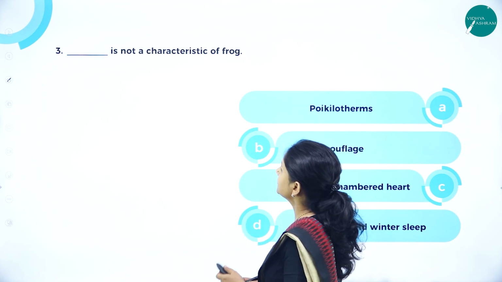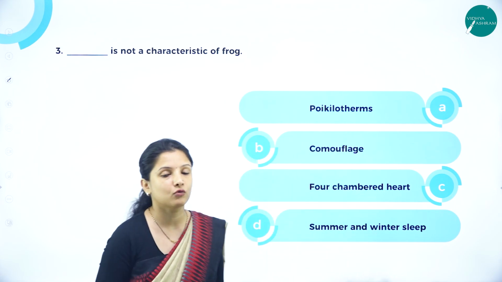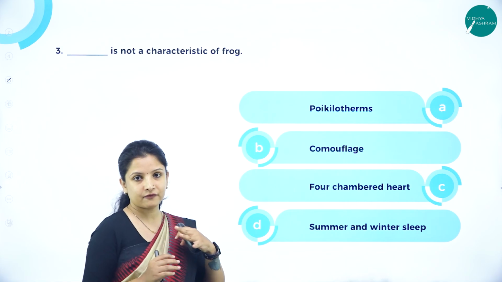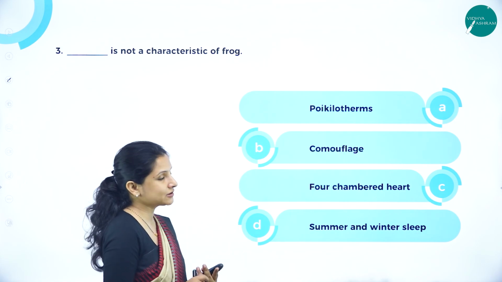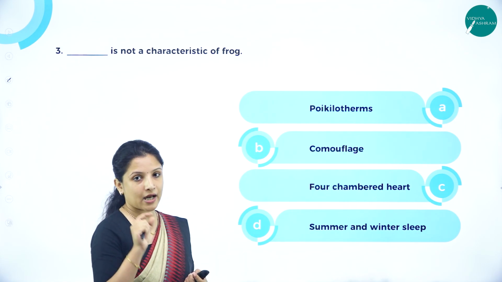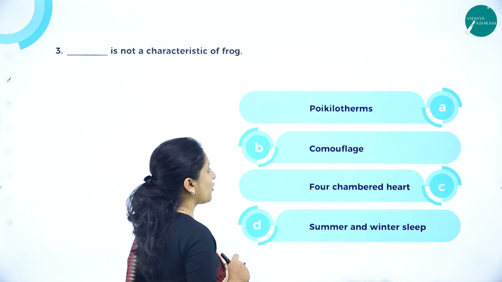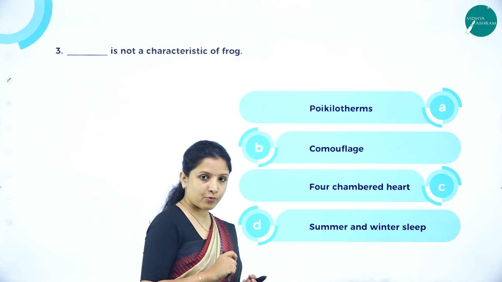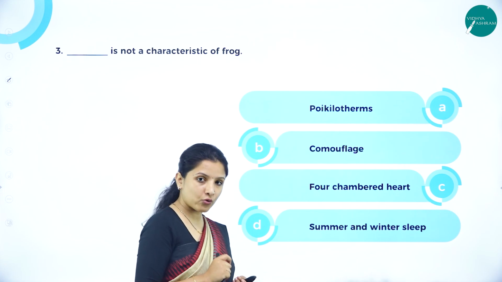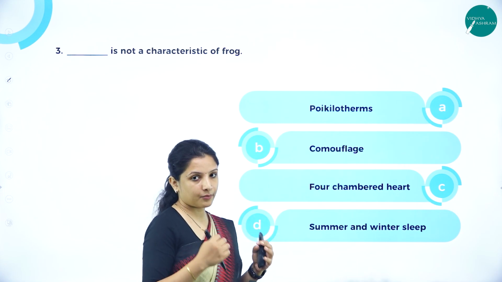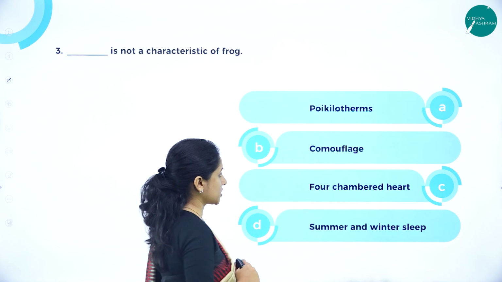Next question. Dash is not a characteristic of frog. You have to find out among the given options which is not a characteristic feature of frog. Poikilotherms: yes, they are poikilotherms, or cold-blooded, wherein they are not capable of regulating their body temperature.